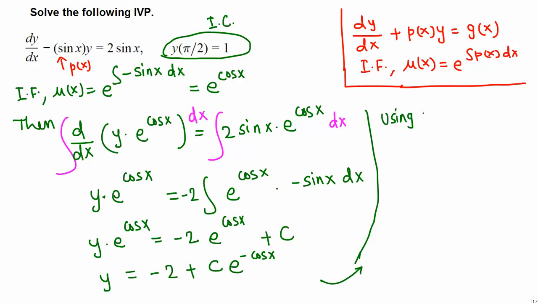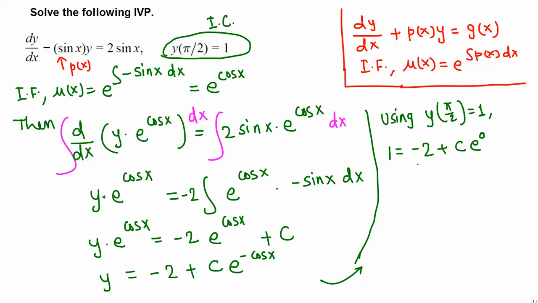Using the initial condition, y at pi over 2 equals 1, we get y is 1 when x is pi over 2. So y is 1 equals negative 2 plus, x is pi over 2, so c e raised to negative cosine pi over 2. Cosine pi over 2 is 0, so negative 0 is just 0, and e raised to 0 is 1.